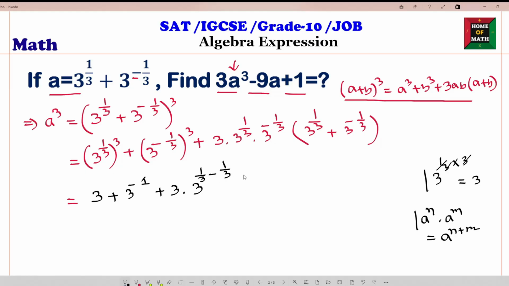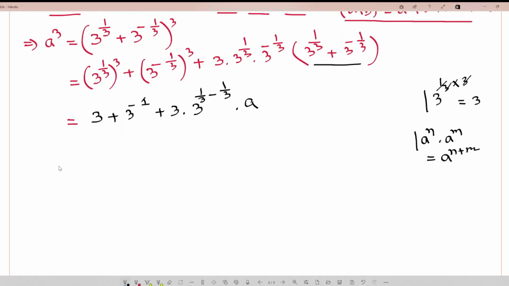And a very interesting thing: this one means a, because this is given. So this is 3 plus 1/3 plus 3, and 3 to the power 1/3 minus 3 to the power 1/3 means 3 to the power 0. We know a to the power 0 is 1, so we can write 1 times a.